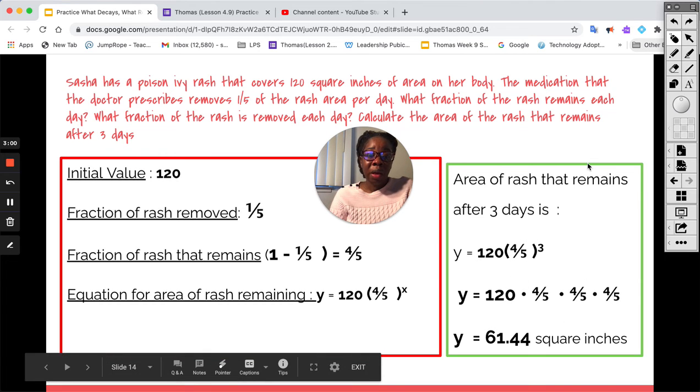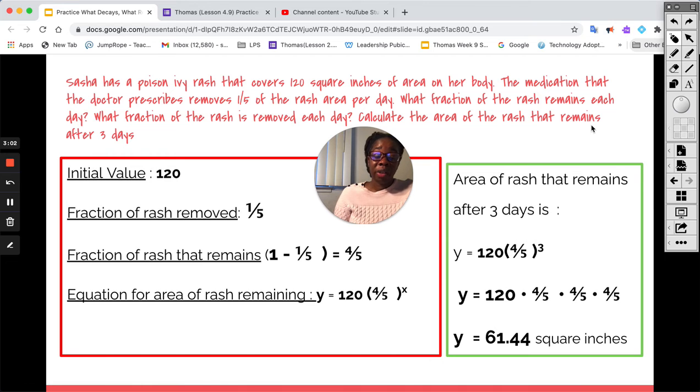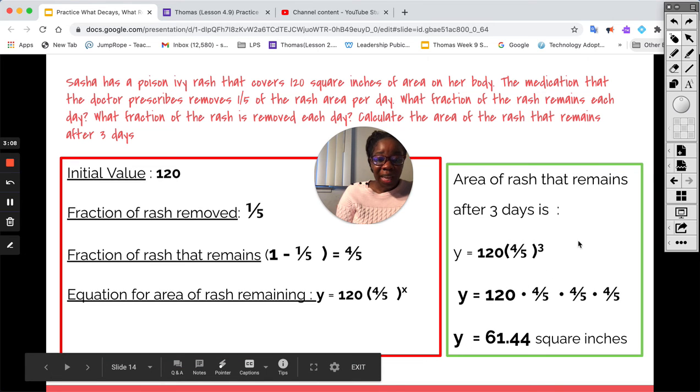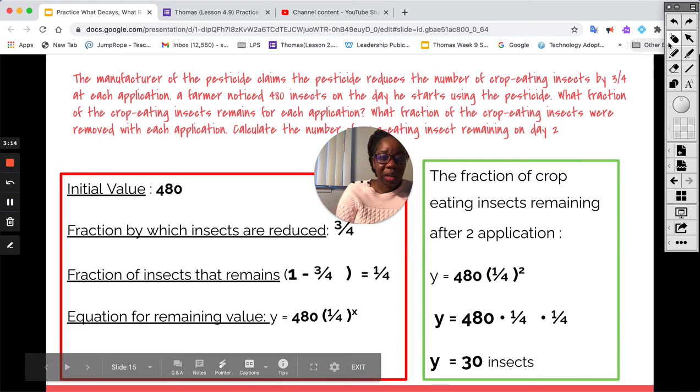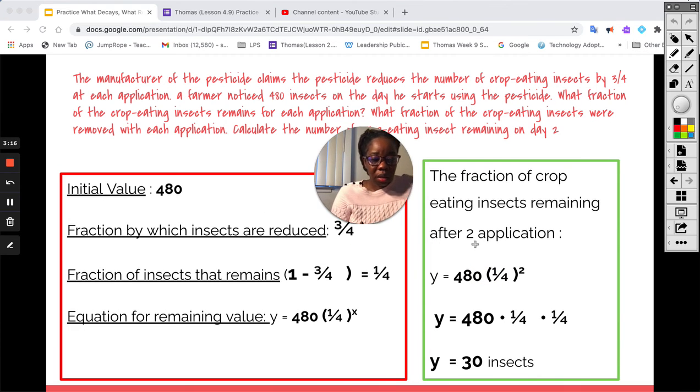And we know that 4/5 raised to the third power is being multiplied by itself 3 times. You can also write this as 0.8. Let's pause this.